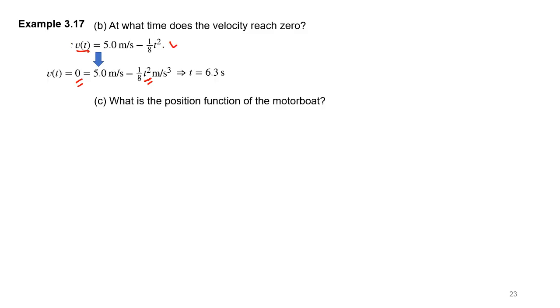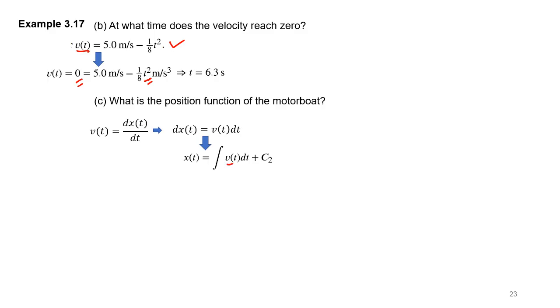What is the position function of the motorboat? Like we found the velocity function, similarly we need to find the position function. So velocity is the rate of change of position, dx by dt. We can write the change in position as velocity multiplied by time duration, right? If you integrate this, we can find the final position: the integral of v(t) dt plus c2.